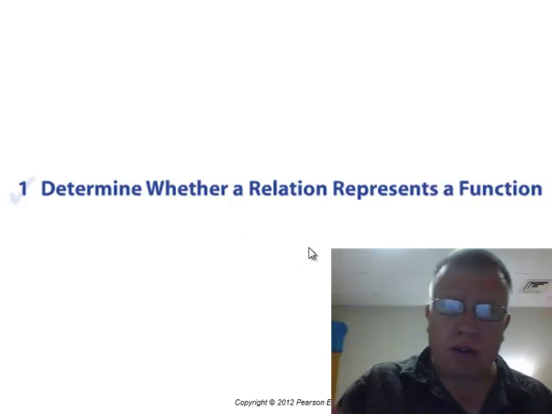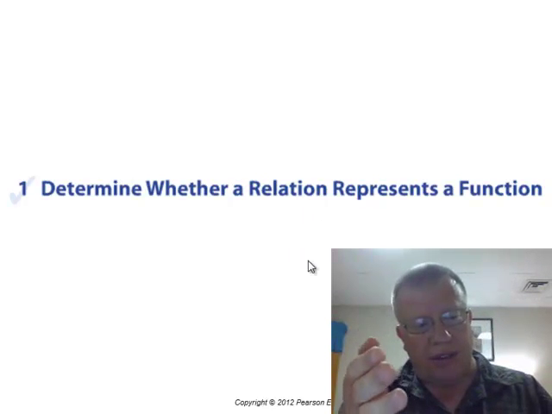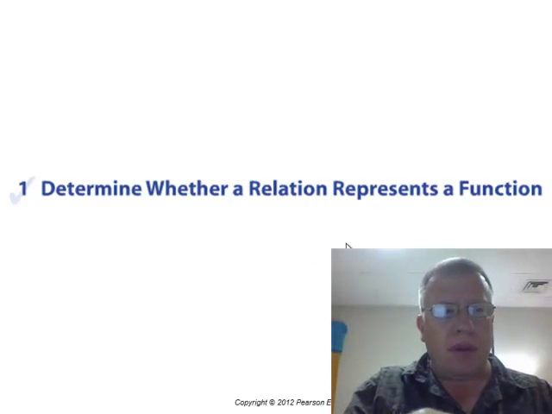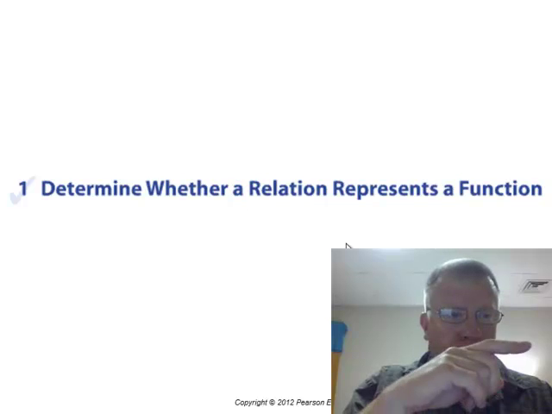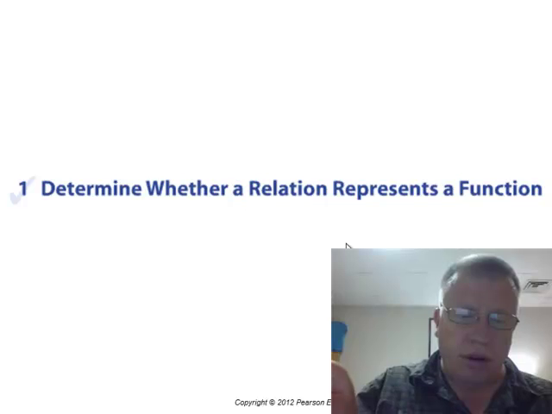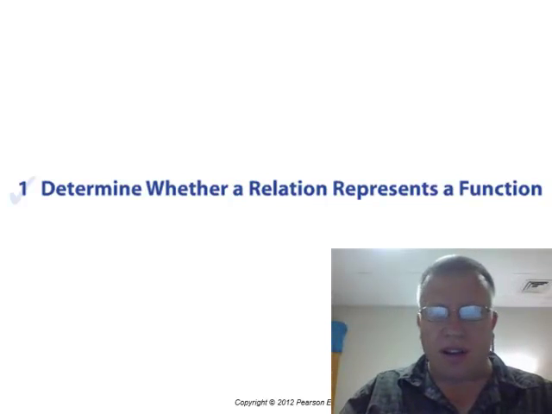But the relation is just going to tell you the rule that says for each item in the one set, that element gets assigned to the element or some element in the second set.